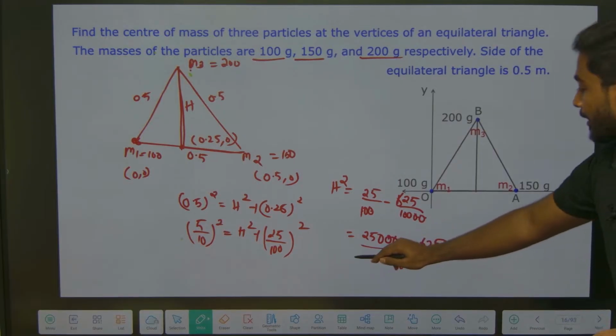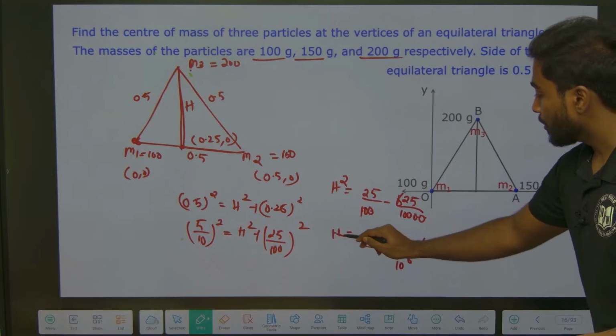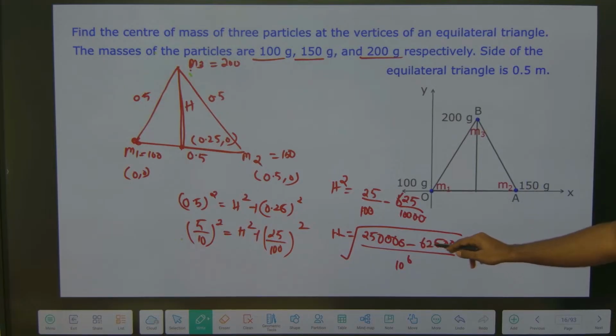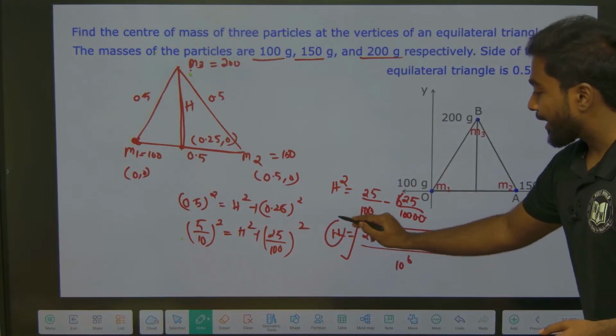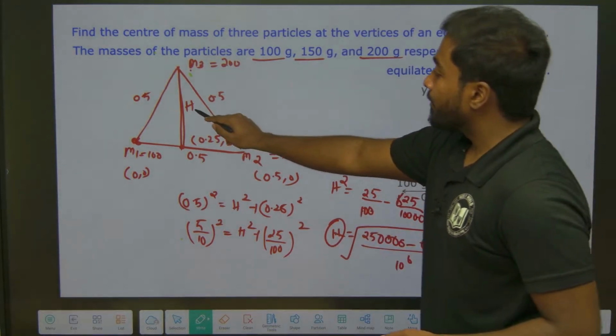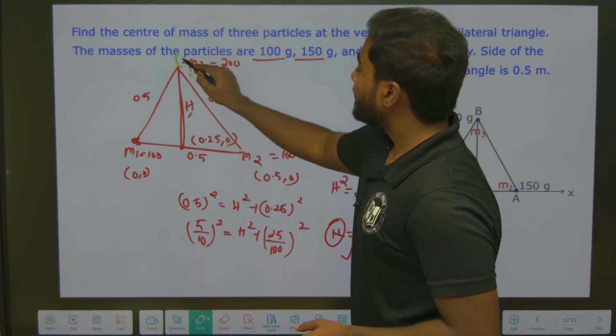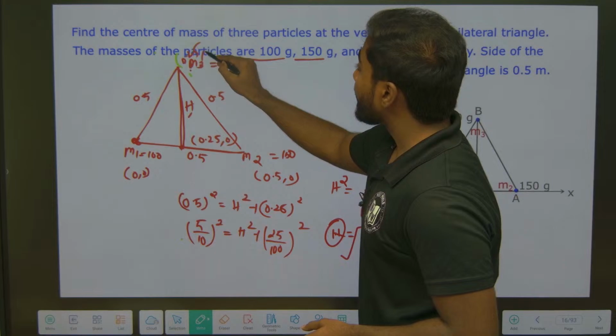So now h will be equal to under root of 25 into 10 power 4 minus 625 into 10 power 2 by 10 power 6. We need to find the value of h, and when we get the value of h, we can write this as 0.25 comma h.